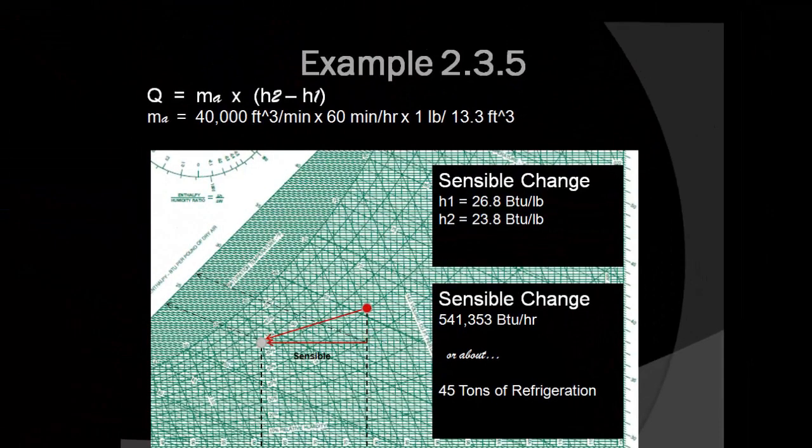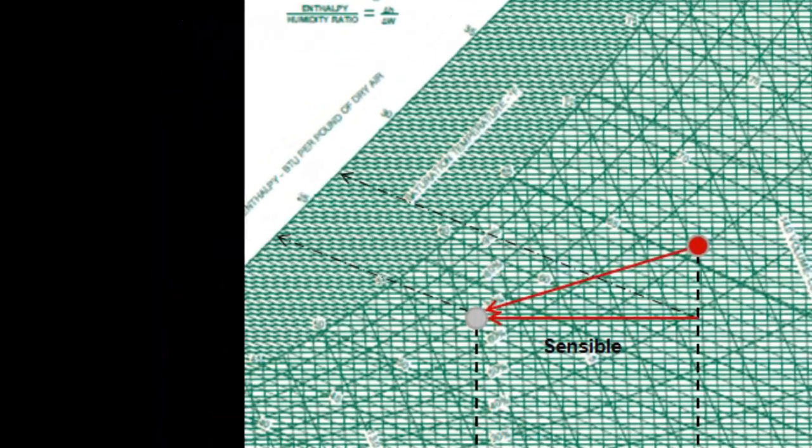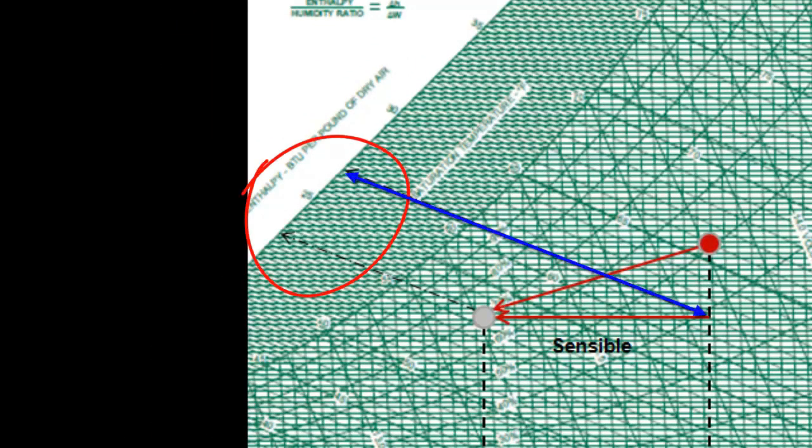And of course, the same application can be done to determine the sensible change of the air sample. In this example, the enthalpy change due to the sensible change can be found where H1 is 26.8 BTUs per pound off of the psychrometric chart, and H2 is 23.8 BTUs per pound.